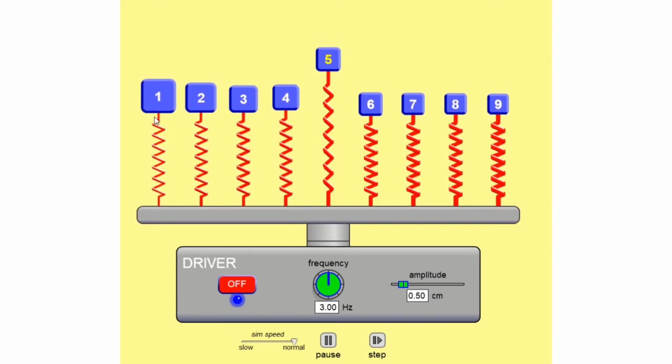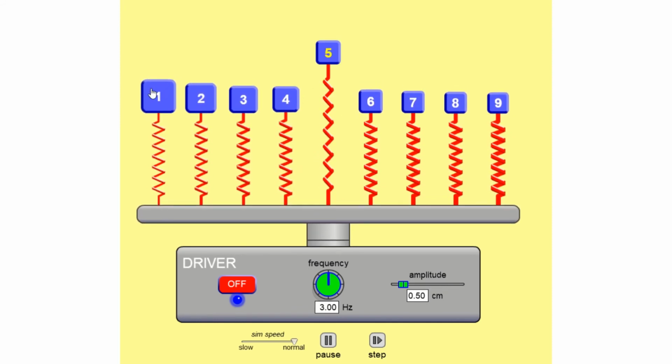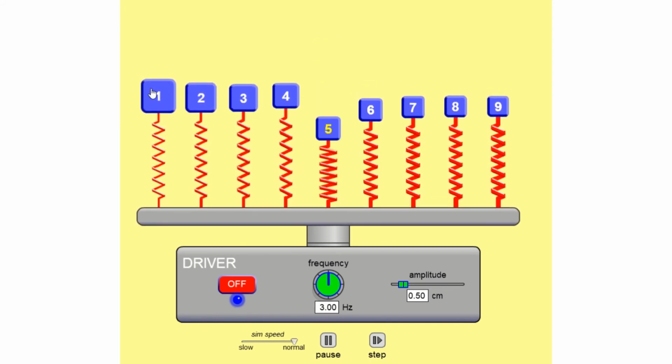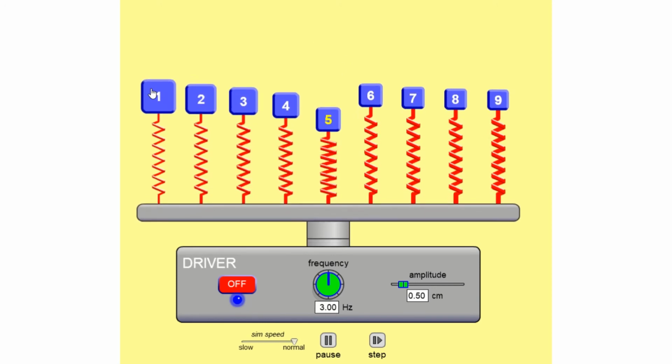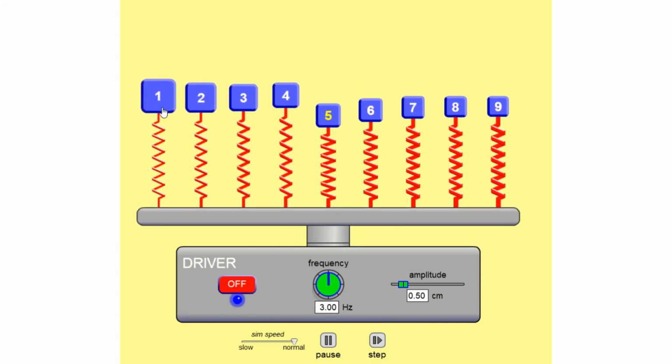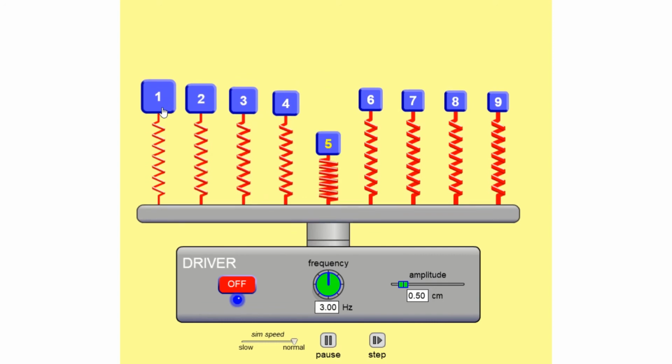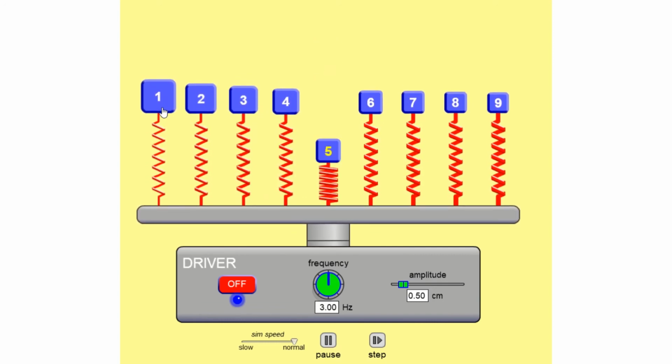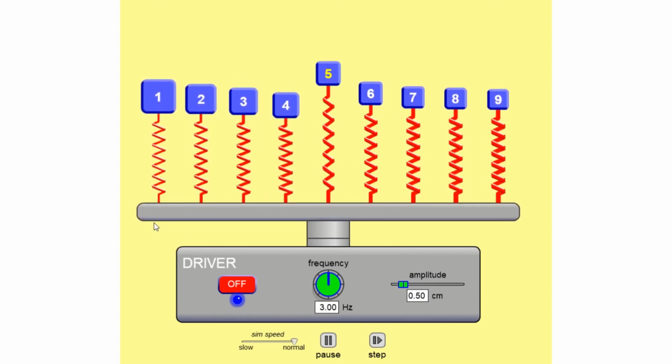So on the left here, where we've got number 1, we're now driving this oscillator at a frequency much, much higher than it wants to vibrate at. So we get very little movement of the oscillator, and the platform and the oscillator are out of phase.